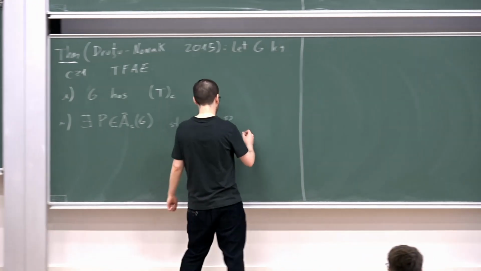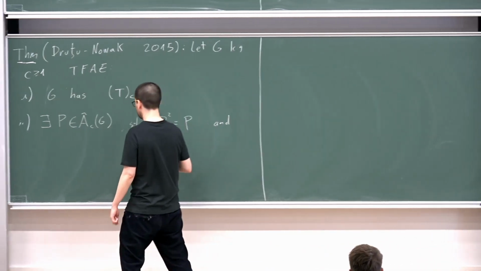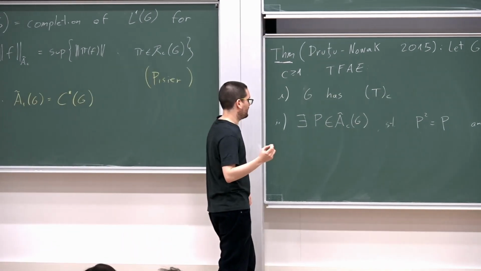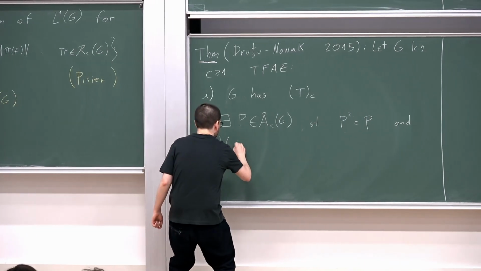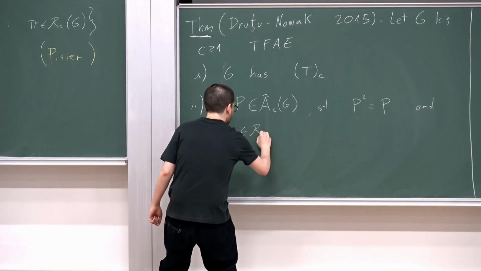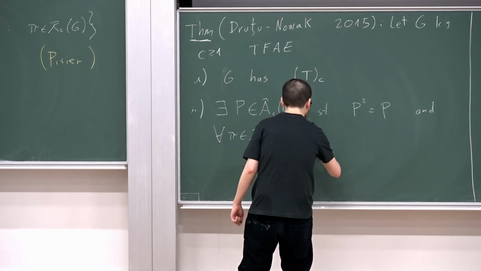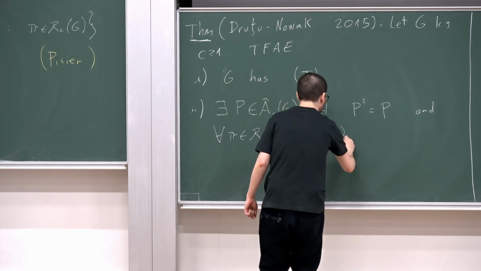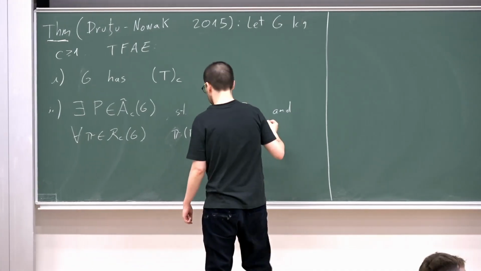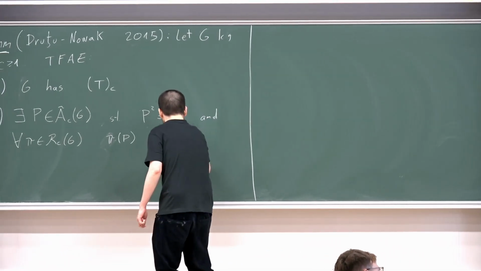So for every pi in this class RC of G, pi of P is a projection. It's not necessarily an orthogonal projection.